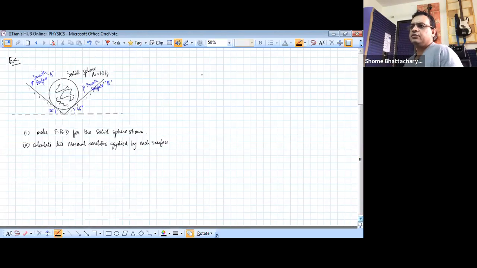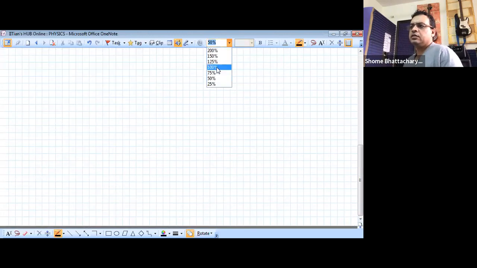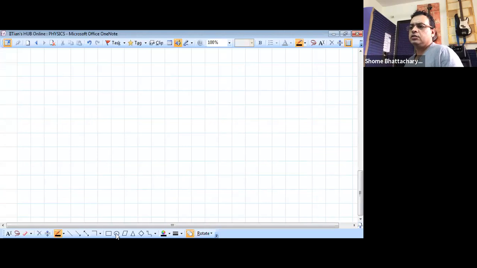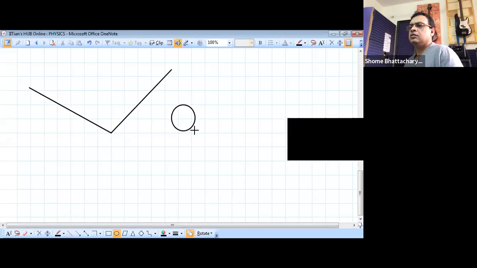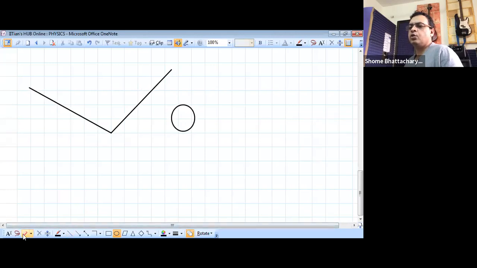Okay, so first of all, let us understand the forces which are acting over here. So we have this incline at 30 degrees and this incline at 45 degrees, like this. And we have a spherical body.